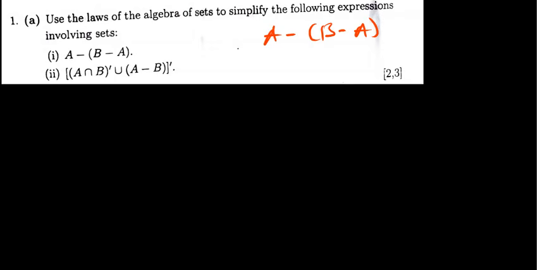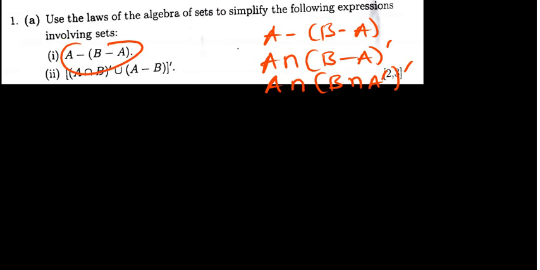When we talk about minus, we know that this is the same as the complement, so this is going to be A intersection (B minus A) complement. Next, this B minus A is also going to be B intersection A complement, like that. So I've changed from this to that.